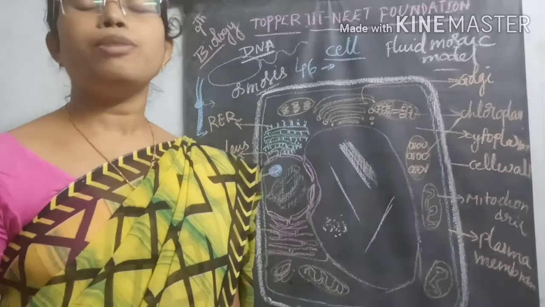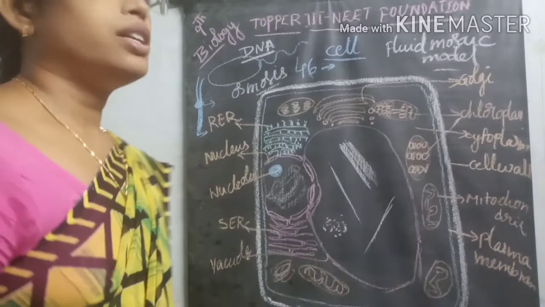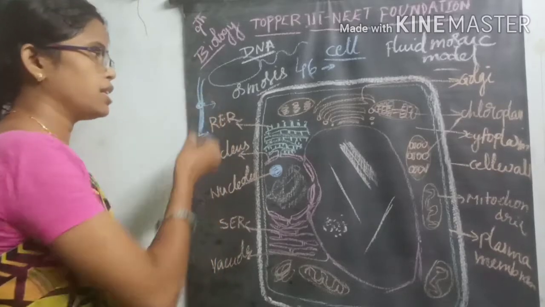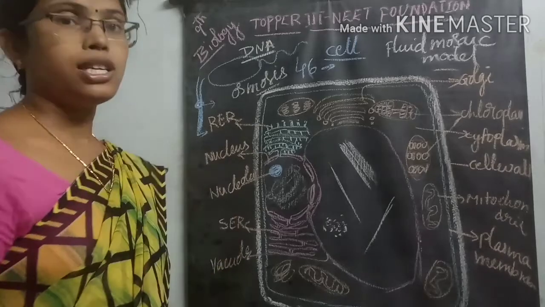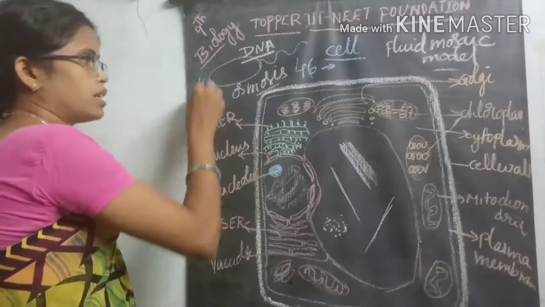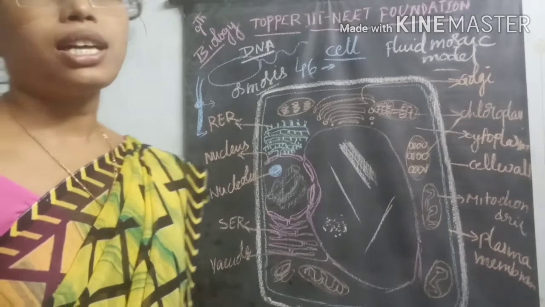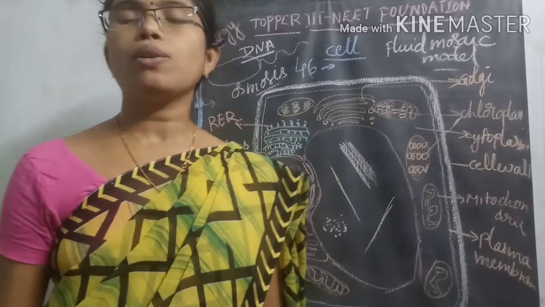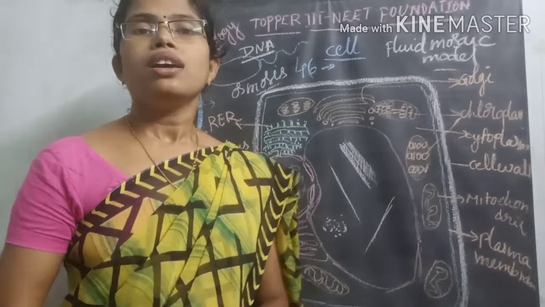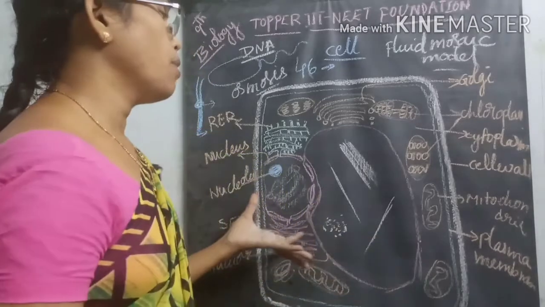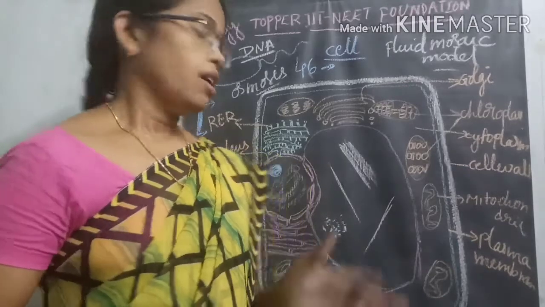The chromosomes appear as pairs, the central region is called the centromere, the ending region is called the telomere, and from this appears the chromatid structure. These chromatids play a very important role in carrying different characteristics from one generation to another. So this is about the nucleus which is present inside the cell.